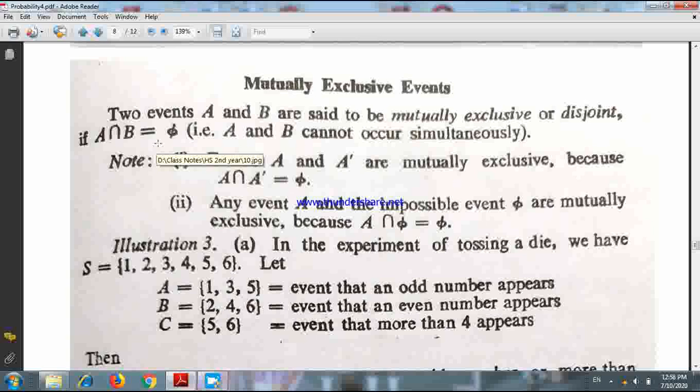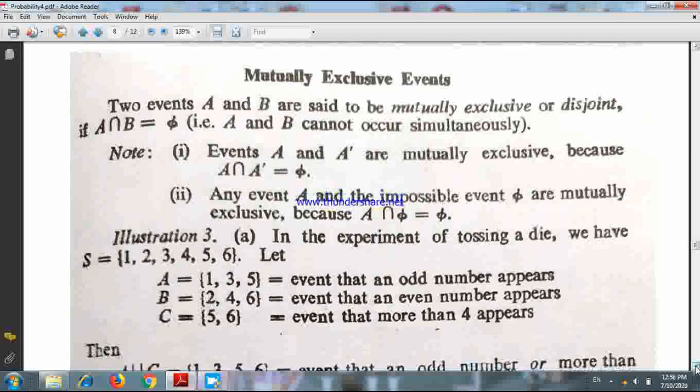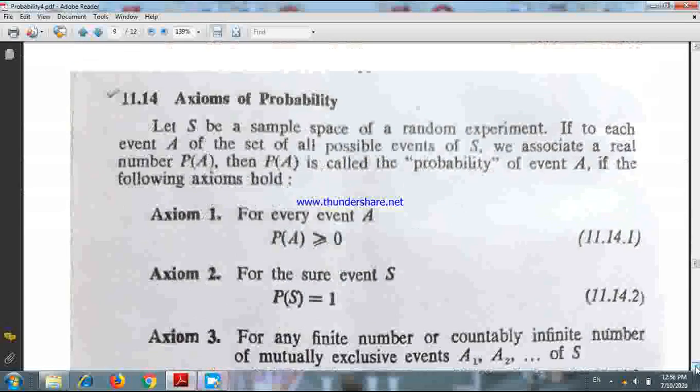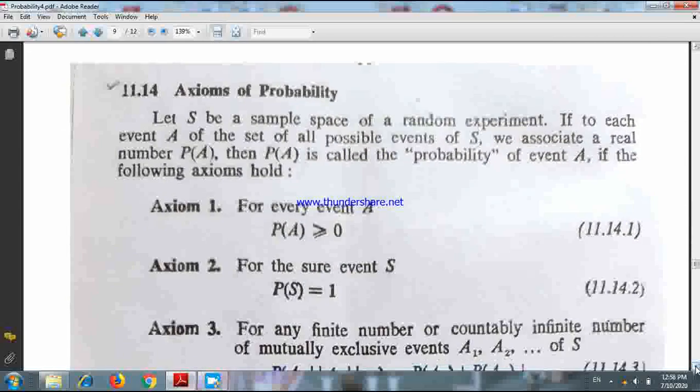And this is the axiomatic approach to probability. Axioms means some postulates or rules. And in the axiomatic approach, the notion of sample space is incorporated. It is said that let S be a sample space of a random experiment.